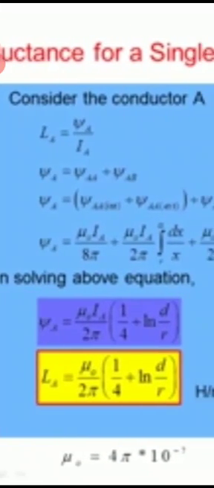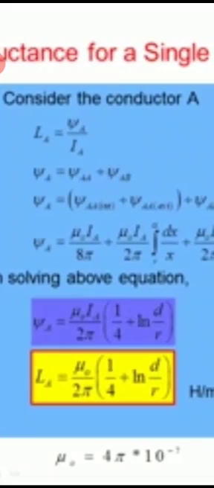If you solve it, you get the final expression as psi A equal to mu naught IA divided by 2 pi into the bracket 1 by 4 plus ln d by r.